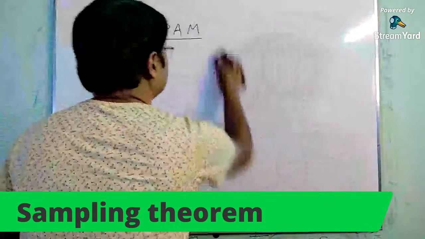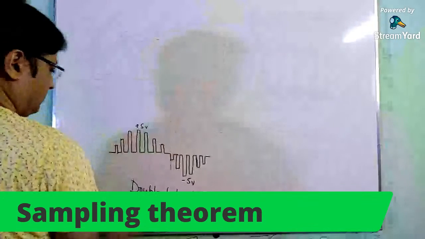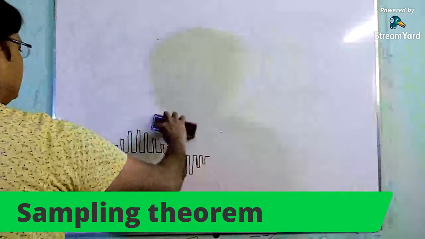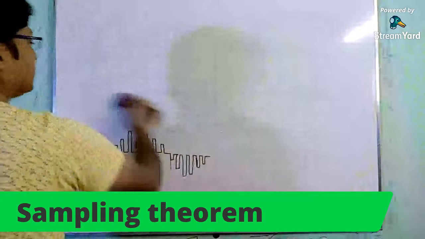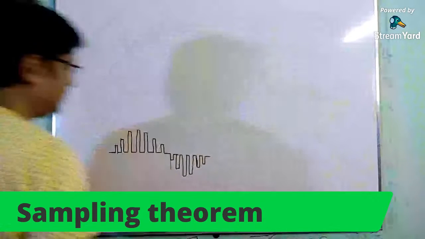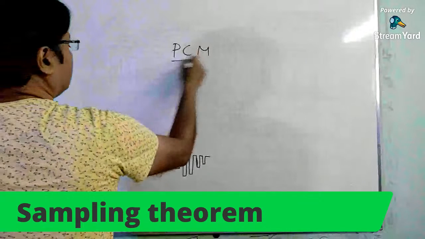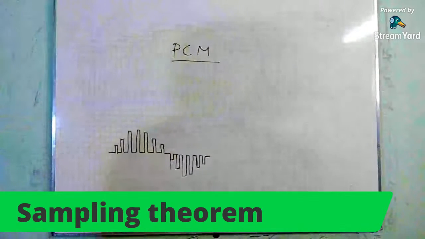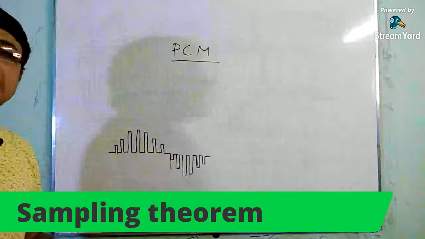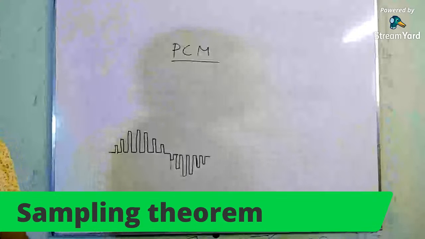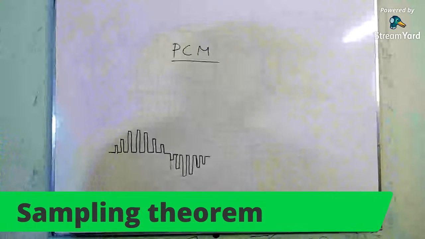So we have obtained these values. Let's discuss this pulse code modulation from this figure. So these are the values which I have obtained after sampling the original analog signal.